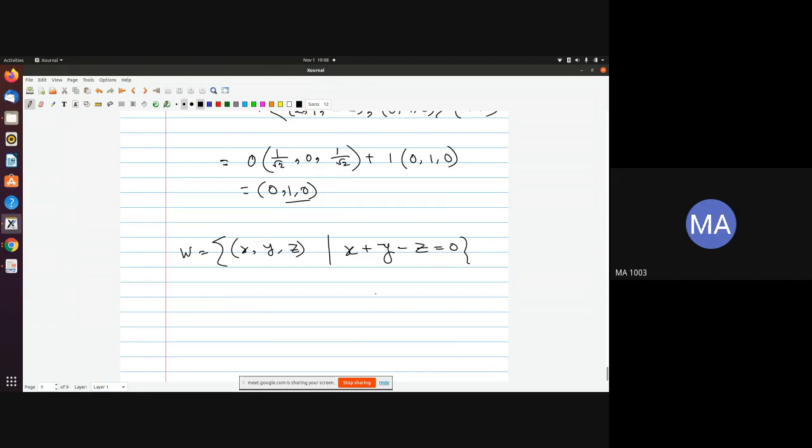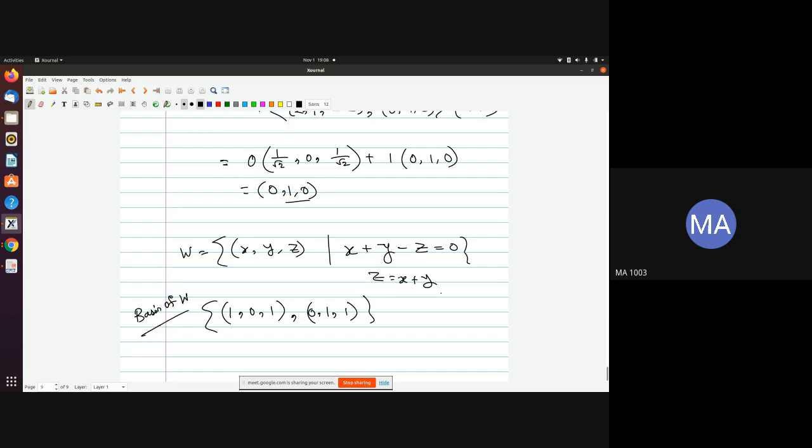You can give me a basis of this, right? What will be a basis of it? So z equals x plus y, and you will get (1, 0, 1) and (0, 1, 1). So this will be a basis of W.